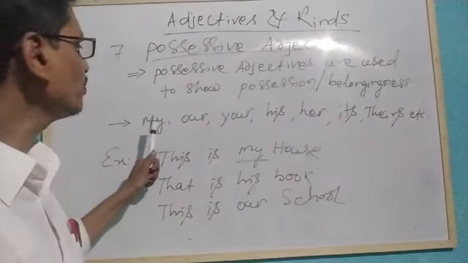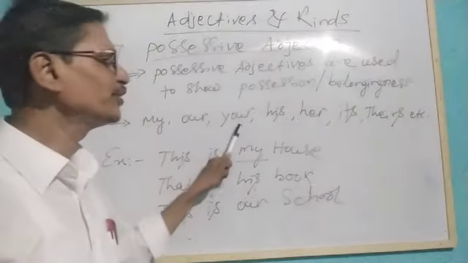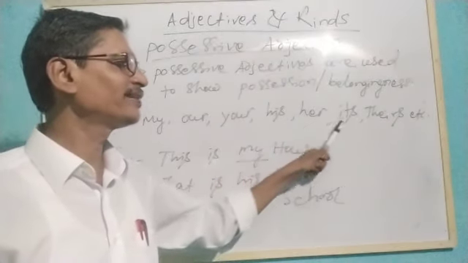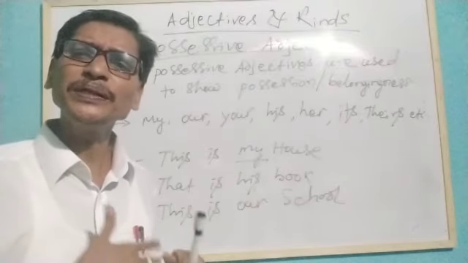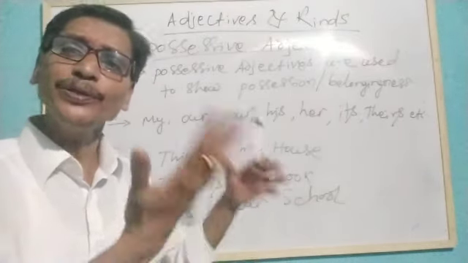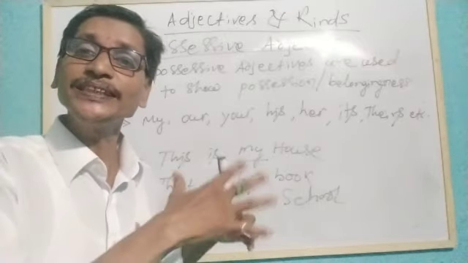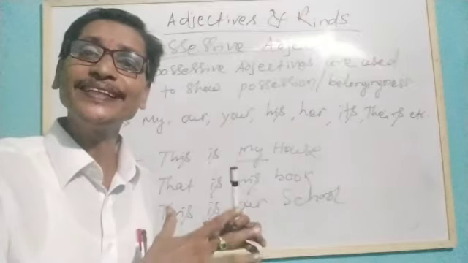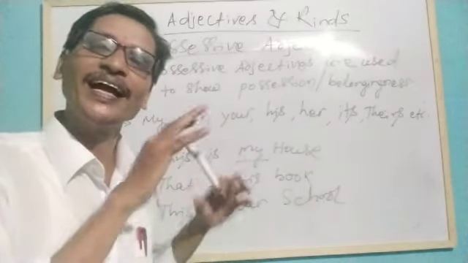Here you see, we are using words like mine, our, your, his, her, its, theirs, etc. These are possessive pronouns, but we are using them before the nouns to make them adjectives, and they are otherwise called possessive adjectives.